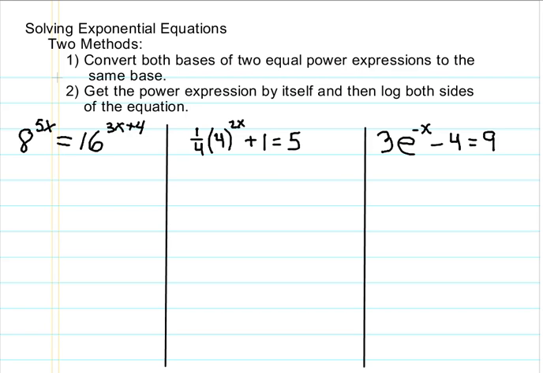So let's start with the problem on the left, and we have here 8 for one base and 16. Those are both powers of 2, so we can rewrite the 8 as 2 to the third power, and that's still raised to the 5x power, and 16 is 2 to the fourth power.